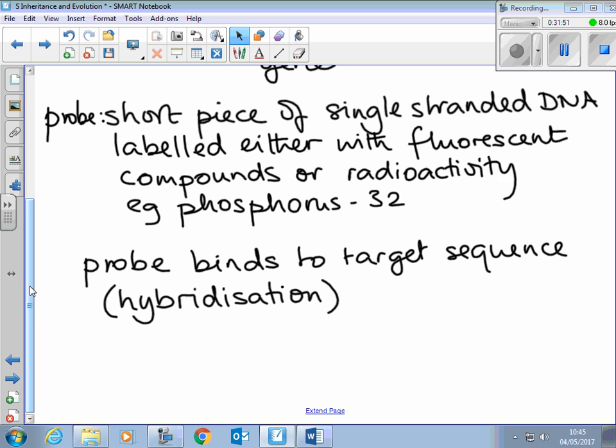So this would be a way, for example, of identifying genes in bacteria that might have given rise to antibiotic resistance. Although you'd know they were antibiotic resistant by growing them in the antibiotic, actually locating the gene in which colonies would be a technique that you could use.